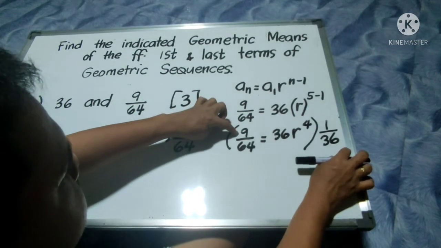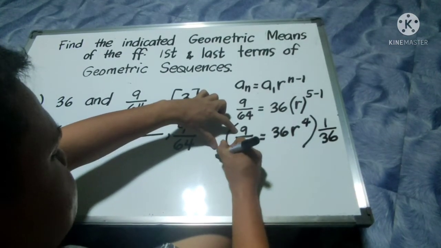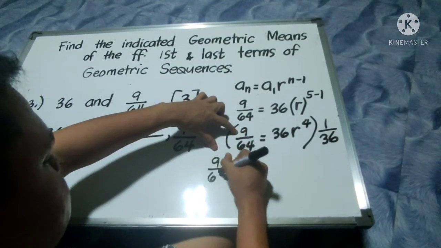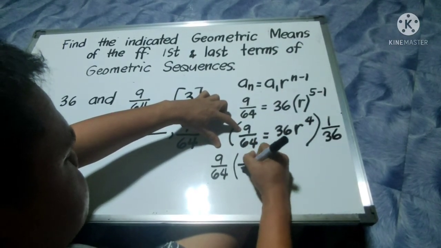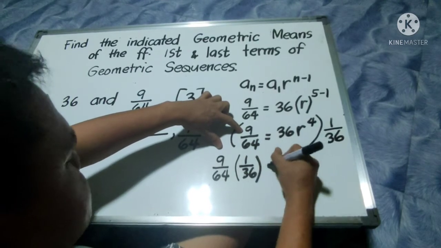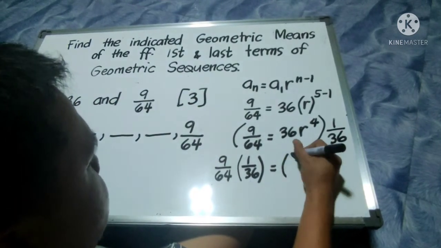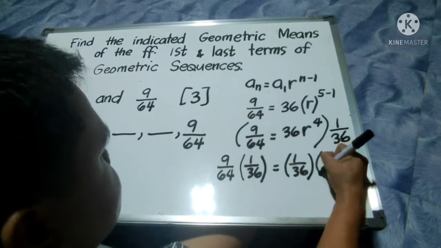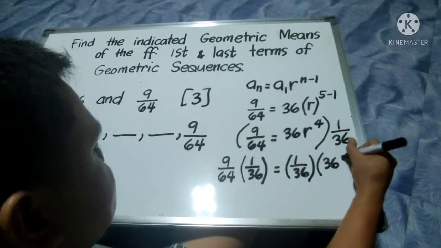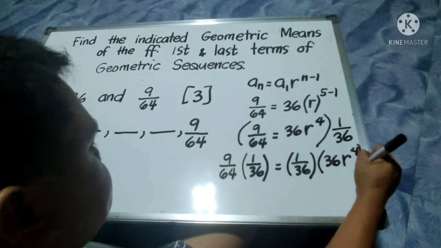So this will become 9 over 64 times 1 over 36 is equal to 1 over 36 times 36 r exponent of 4.